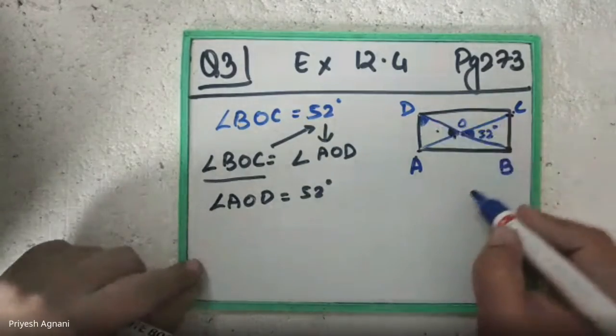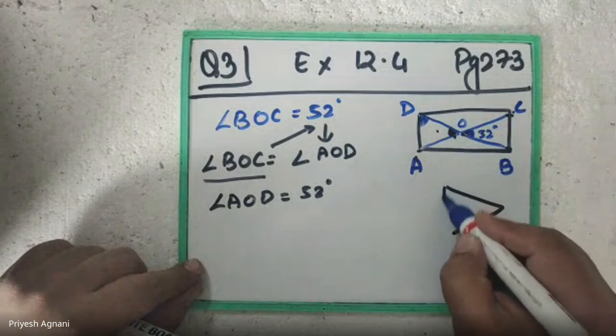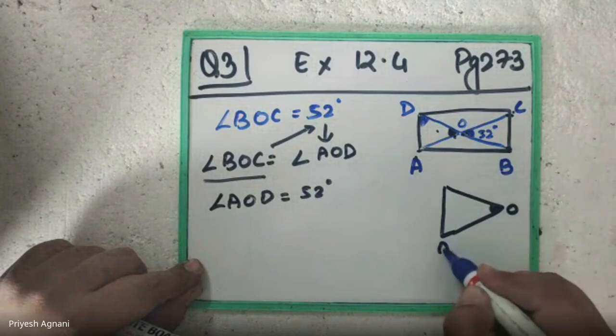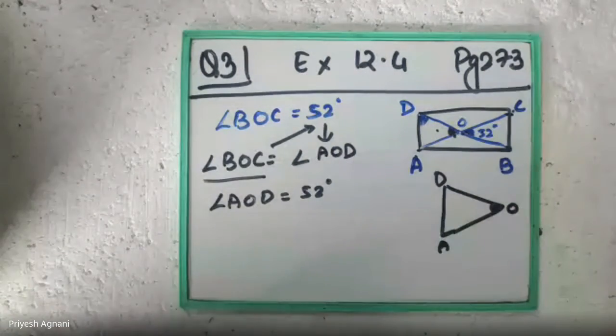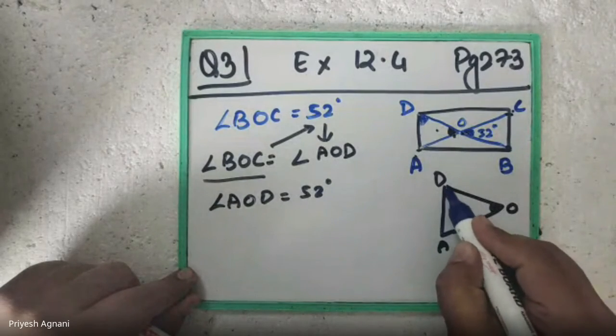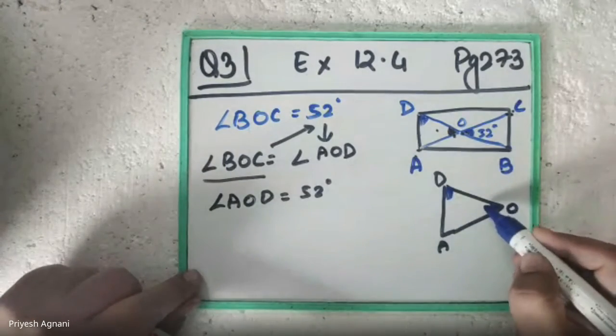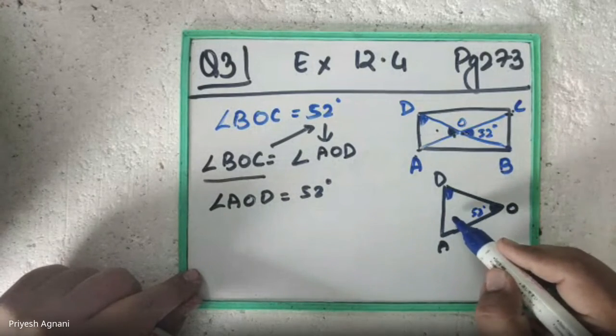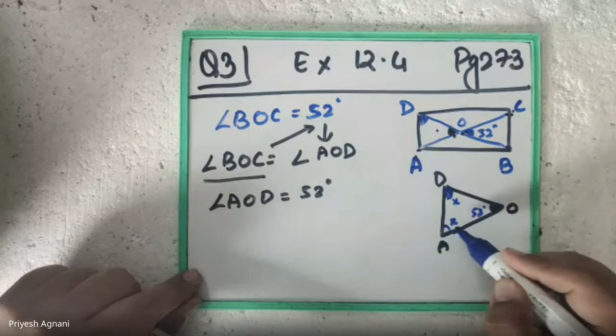अब हम ये ट्रायंगल को अलग से बाहर निकाल देते हैं. ये जो है वो A है और D है. हमें फाइंड क्या करने को बोला है? ODA. ये वाला फाइंड करने के लिए बोला है. ठीक है. अगर ये जो है वो 52 है तो ये और ये इक्वल ही होंगे. तो x और ये हो गया x.